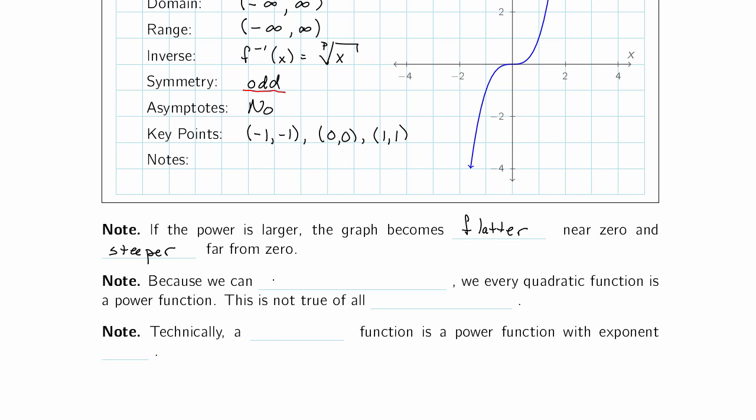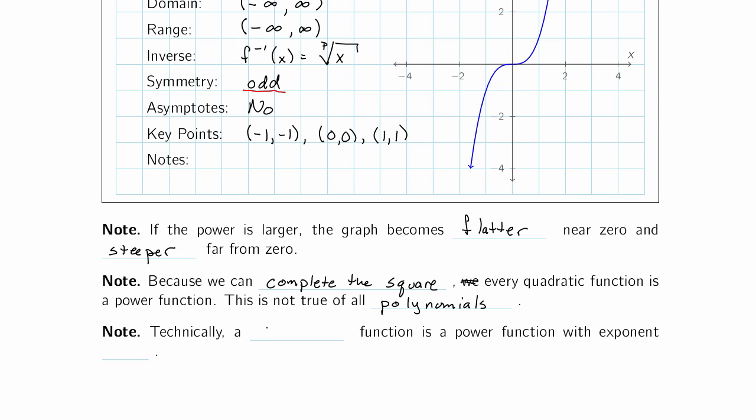The next thing to note is that because we can complete the square, every quadratic function can be seen as a power function. This isn't true of all polynomials. We can't, for example, in general, complete the cube in the same way that we could complete the square.